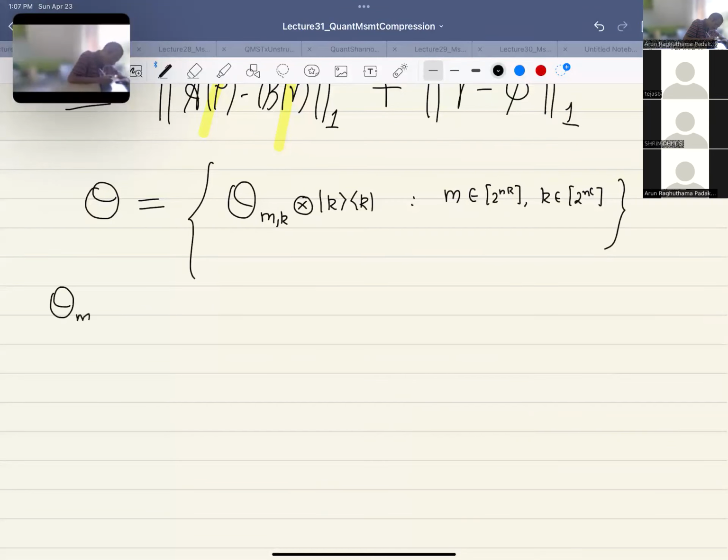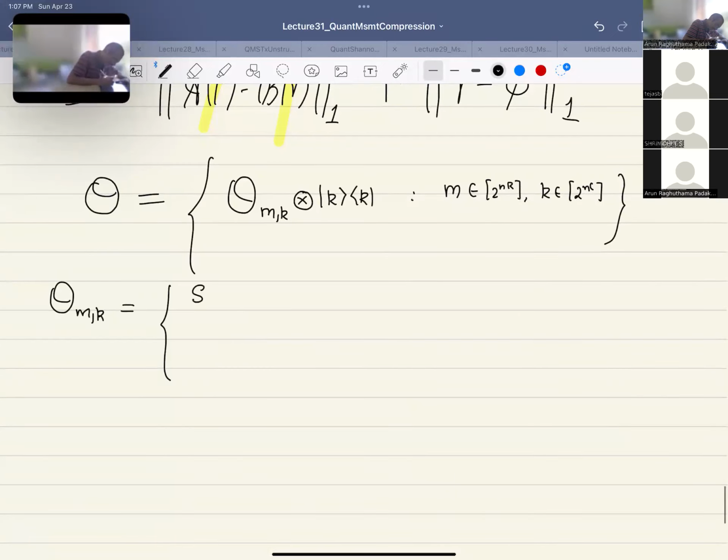I'm going to write it down because that's needed. Theta mk is as follows, right? Sk power minus half root omega. Looking at this, you have no clue what this is, but like last time I told you, it is the p x given y divided by summation p x given y. That's really what it is. That's the only way you can understand this.